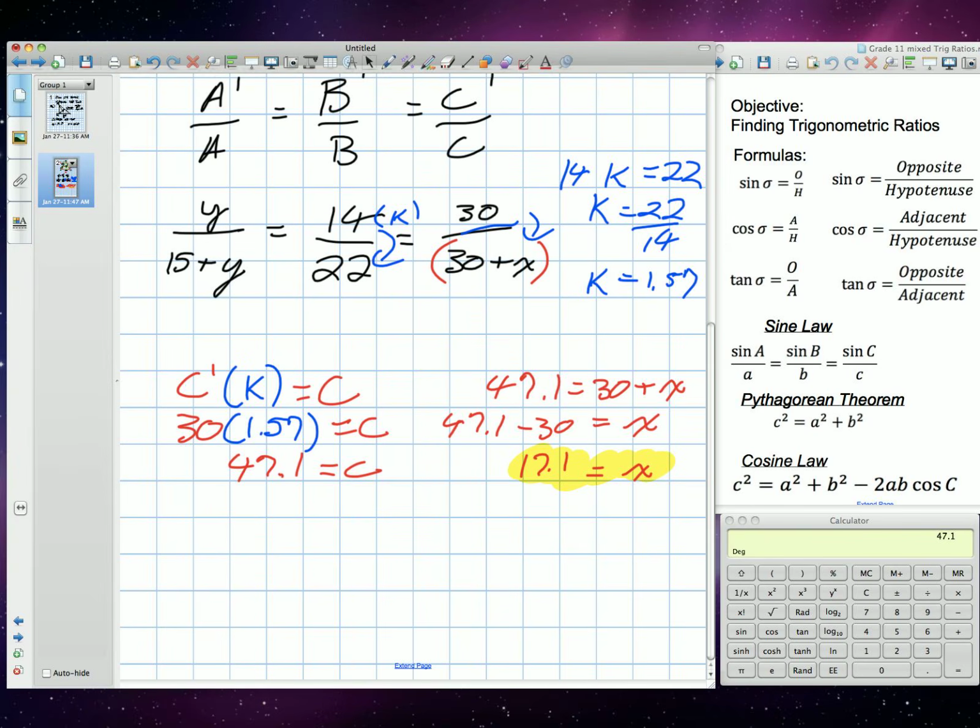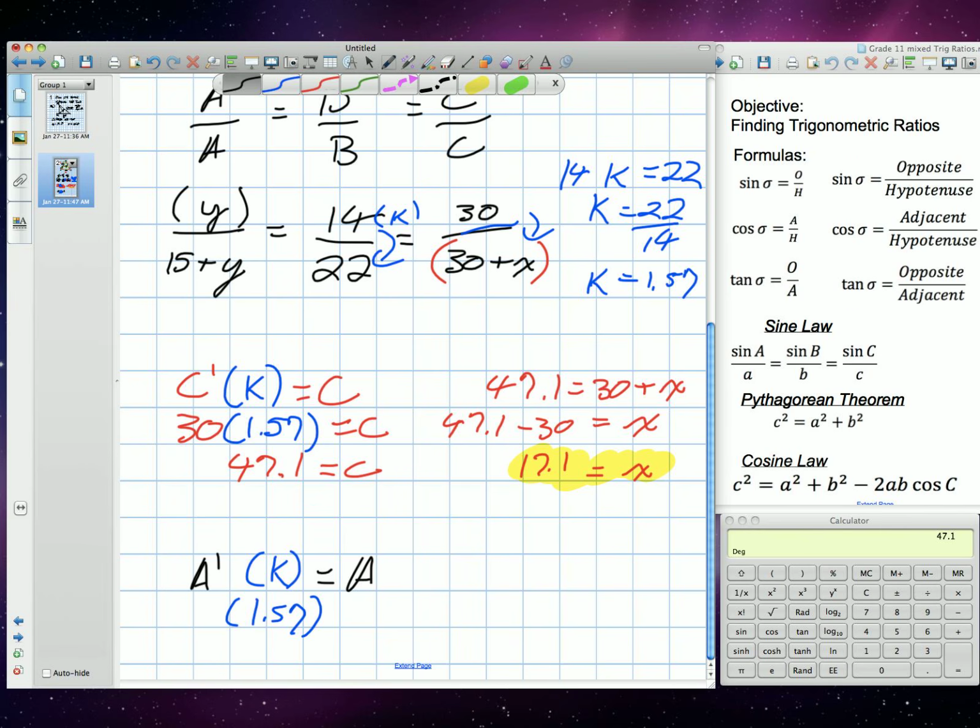Okay, the other one, the top side of the triangle, is y. It is also known as, was it side A, I think we called it? A1. We know A1 times our k factor will give us side A of the triangle. We know the k factor is 1.57.